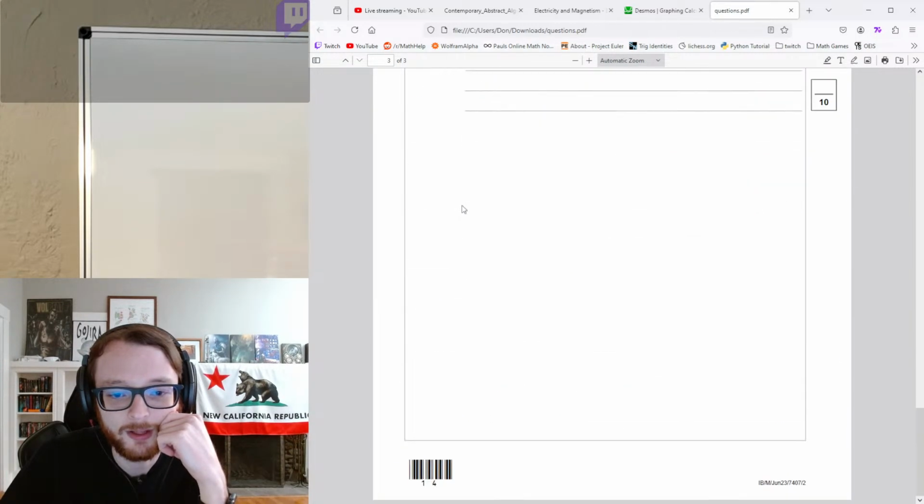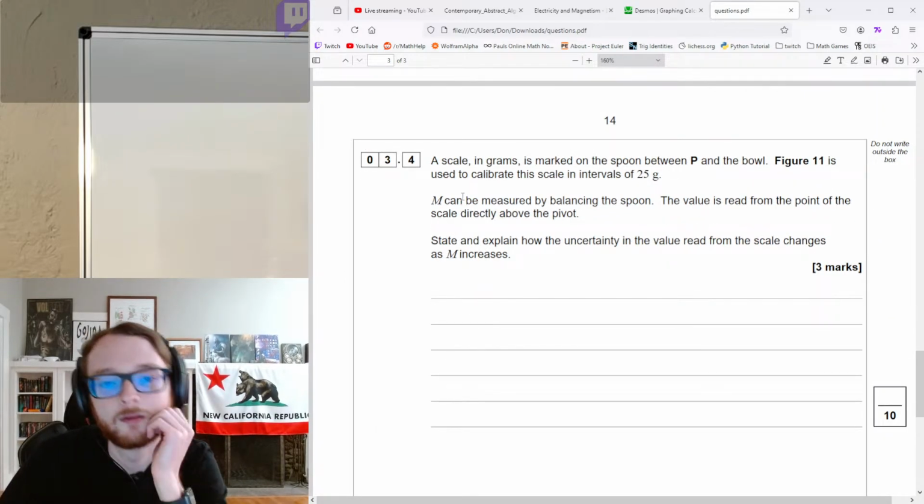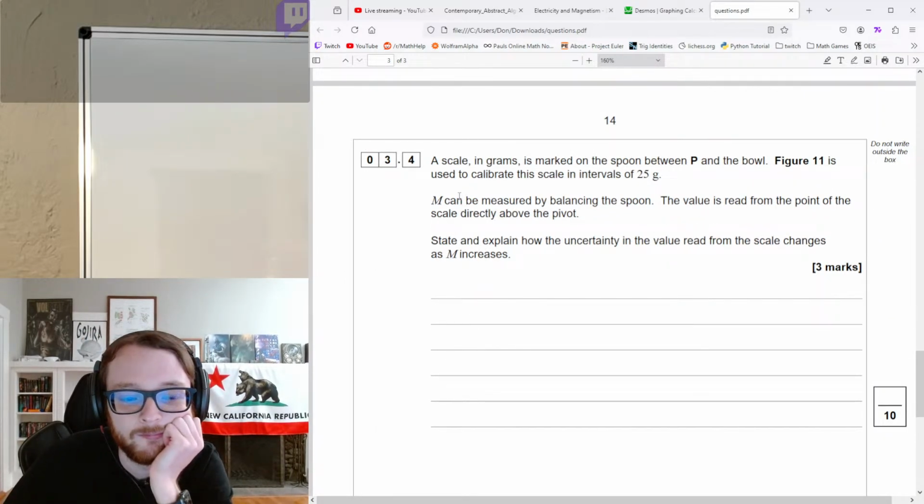So you're saying you can't comprehend the last question, which is right here. Scale in grams is marked on the spoon.